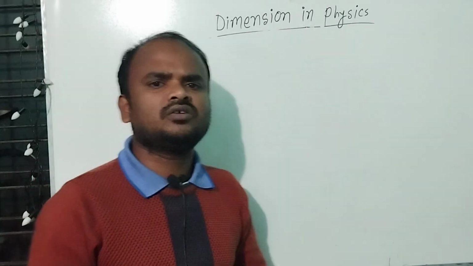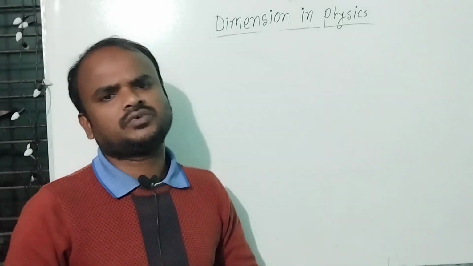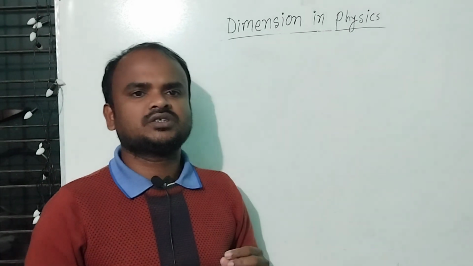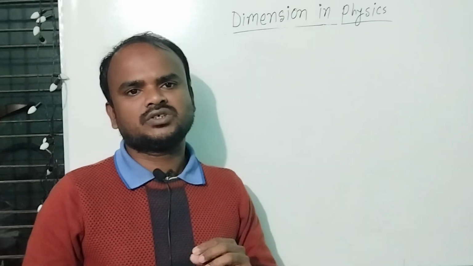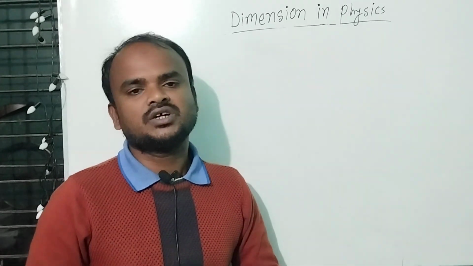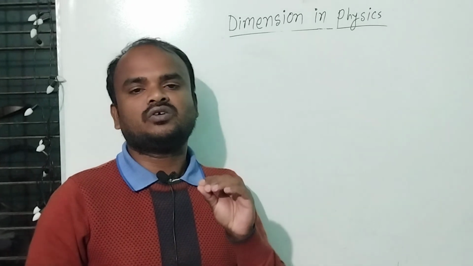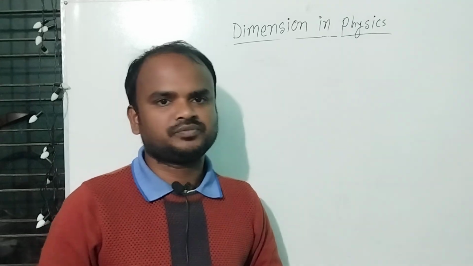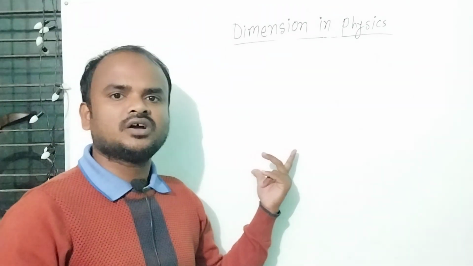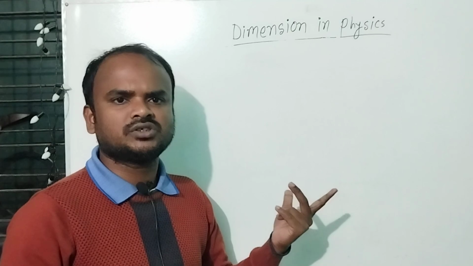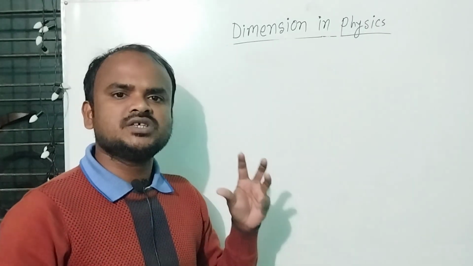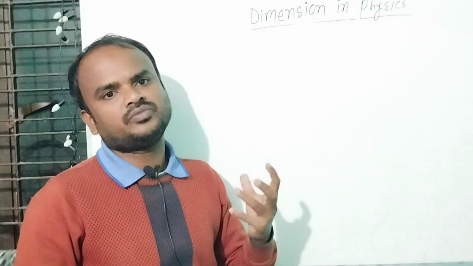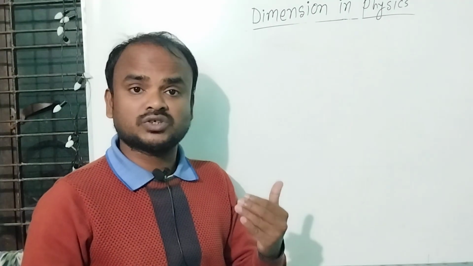Now there are many uses of dimension in physics. Now I am going to discuss a very common use of dimension. This is the authentication of accuracy of an equation. We know there are four equations of motion, and we can easily authenticate the accuracy of the equations of motion.